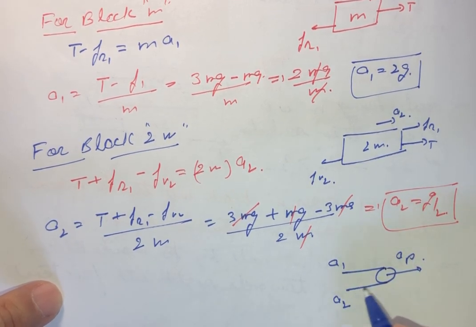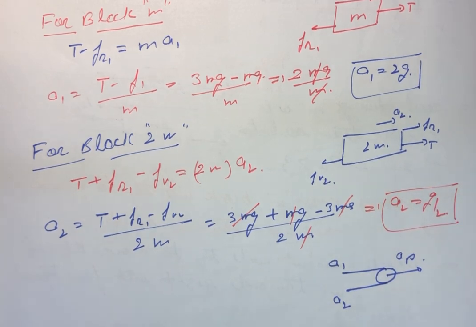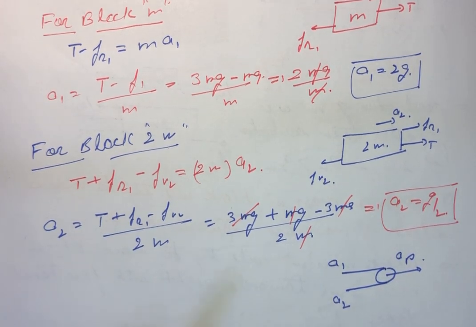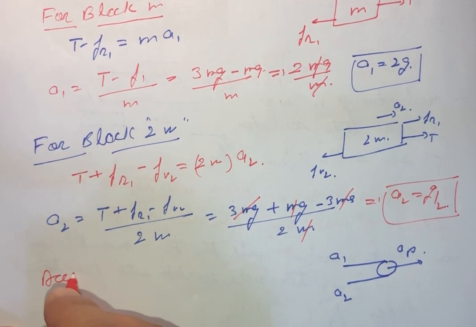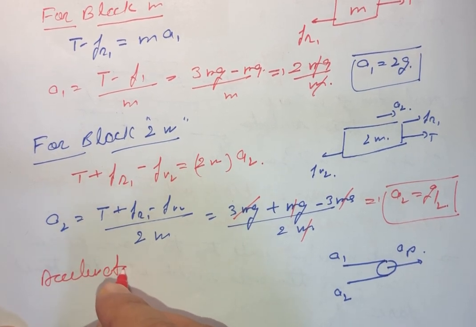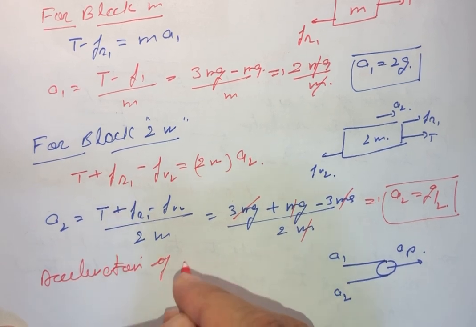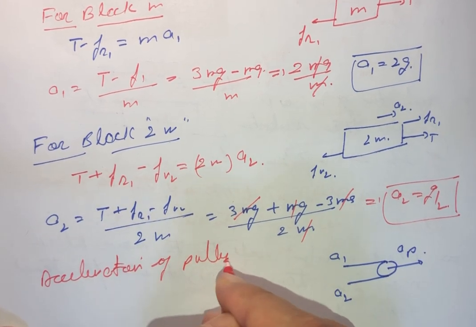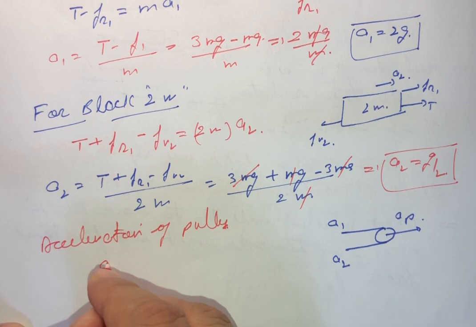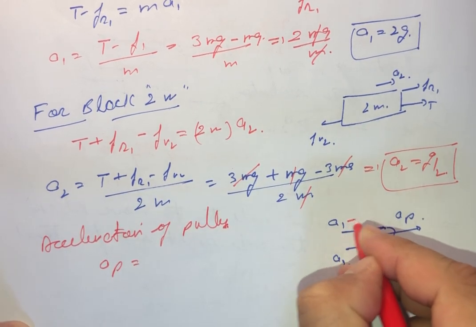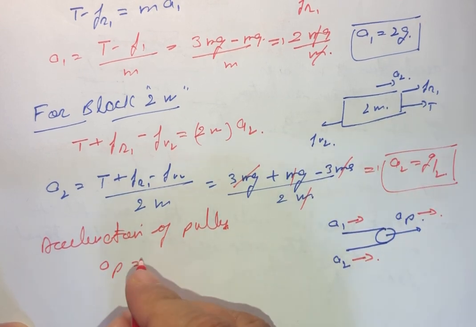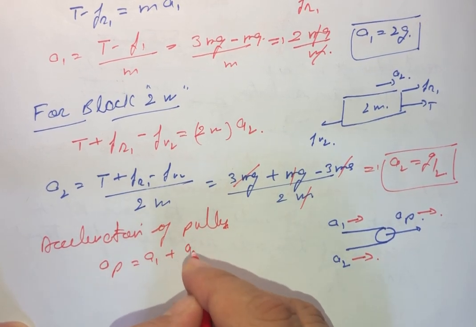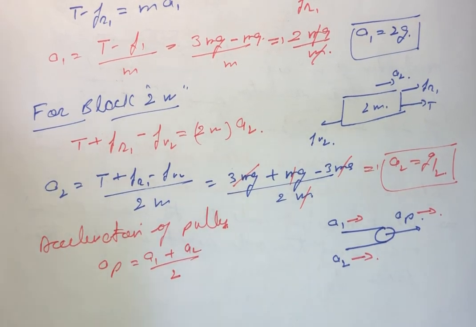So this AP will be the average of A1 and A2. A1 is also in this direction, A2 is also in this direction, so it is A1 plus A2 divided by 2.